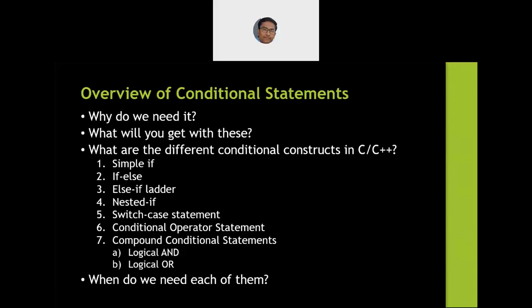C is a completely procedure-oriented language, whereas C++ is an object-oriented language. We use object-oriented principles mainly for the data, and there are other advantages, as we run through the syllabus, like inline functions, friends, inheritance and so on.